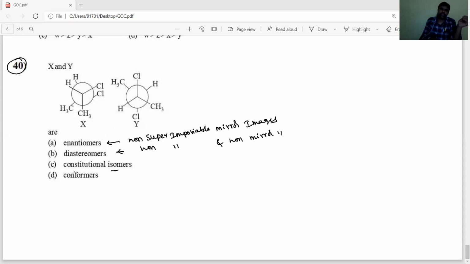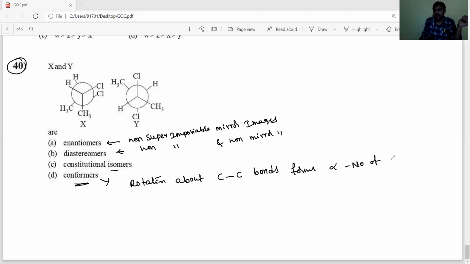And conformers means the rotation about carbon-carbon bonds forms an infinite number of conformers or rotamers, and that phenomenon is known as conformational isomerism.